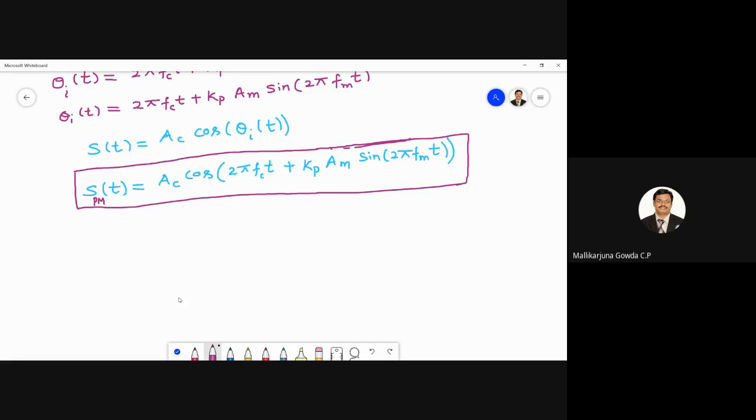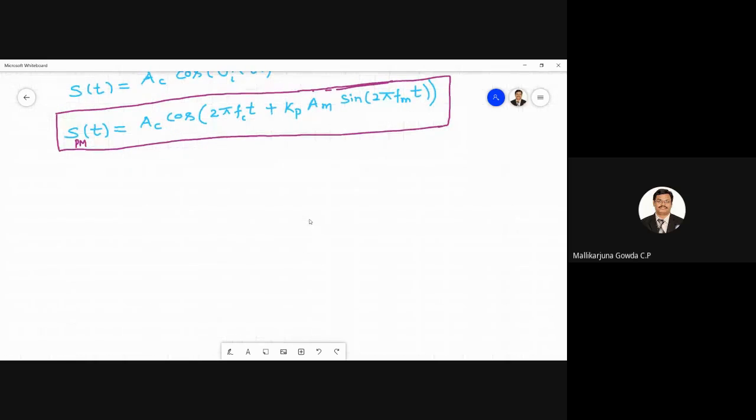Okay. So now let us try to find out the instantaneous frequency for this. What is the expression for instantaneous frequency?